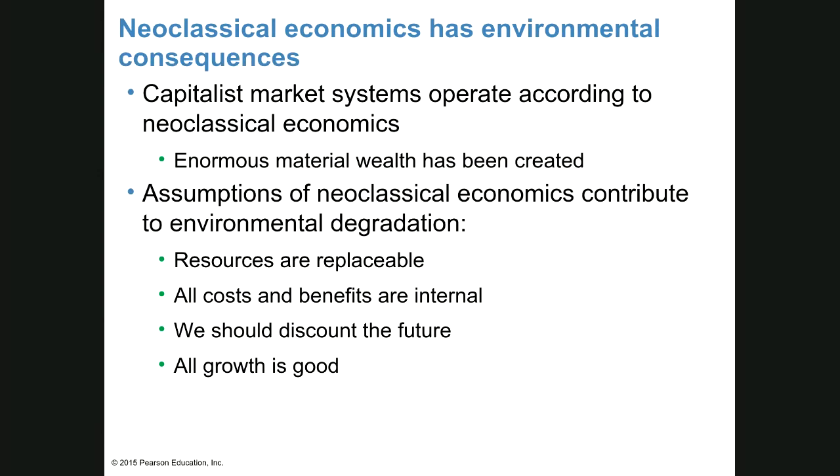So this says all costs and benefits are internal. If we were in Africa creating civil war so that we can extract a rare mineral that we need for our cell phones, no, all the costs and benefits are not internal. You probably never imagined that by buying that, you might be supporting some social and environmental injustice.